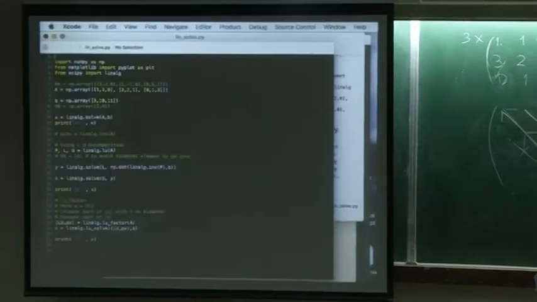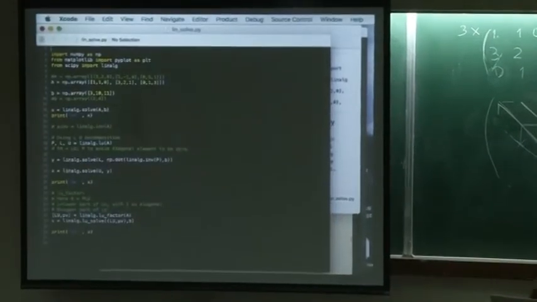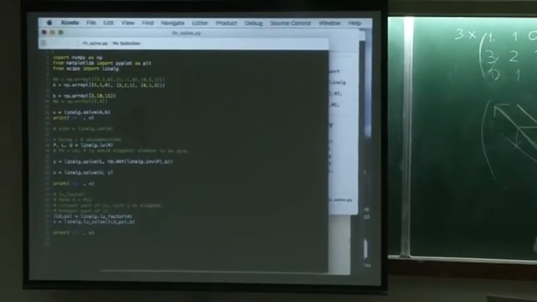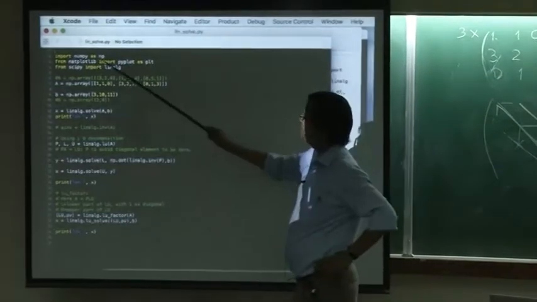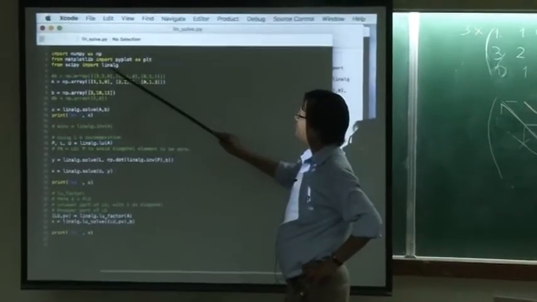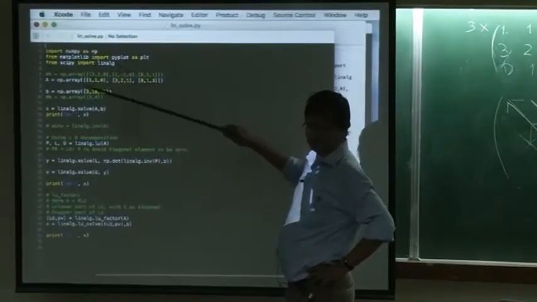Let us first do linear solve. All these are part of the linear algebra package of SciPy. So, from SciPy I have to import linalg.